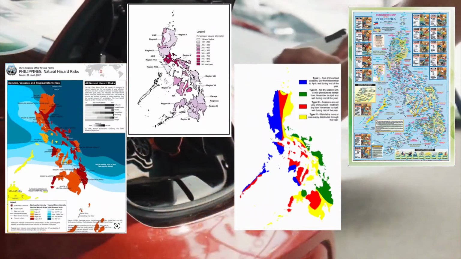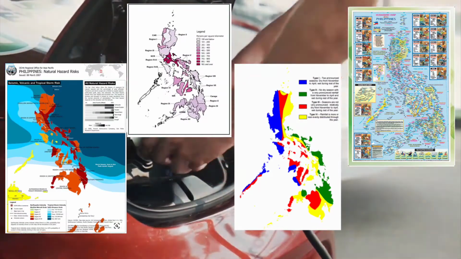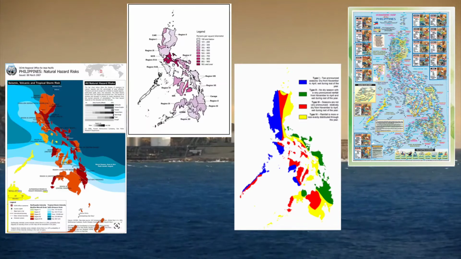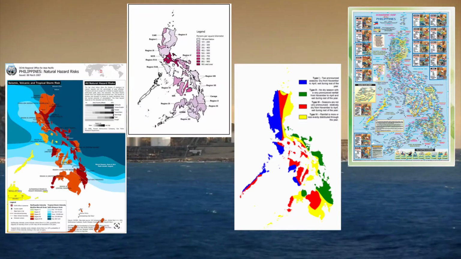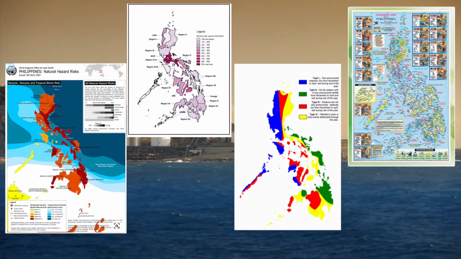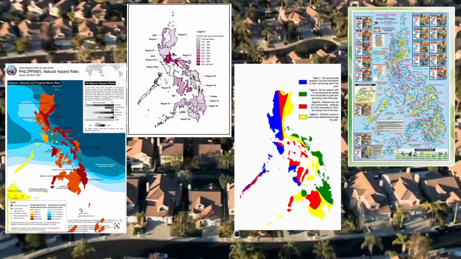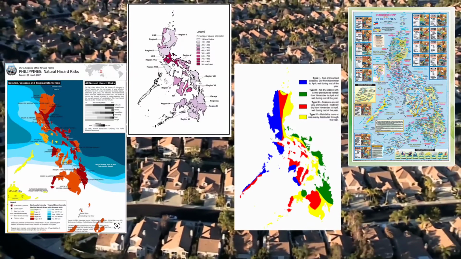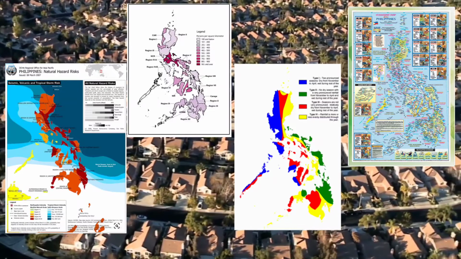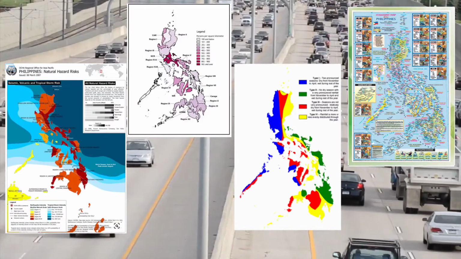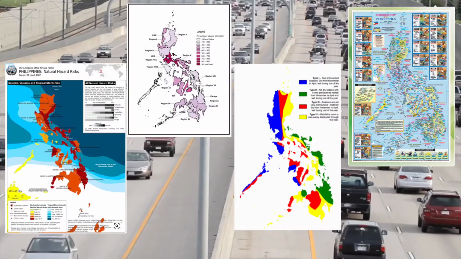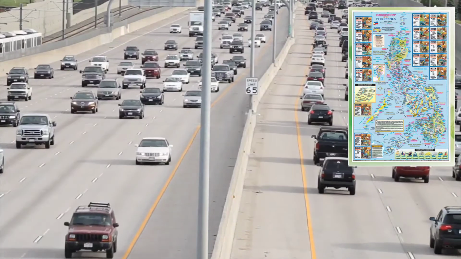So flashing on your screen are the following thematic maps that are available on the internet. From the maps that have been presented, they can help us locate the geographical picture of the Philippines.